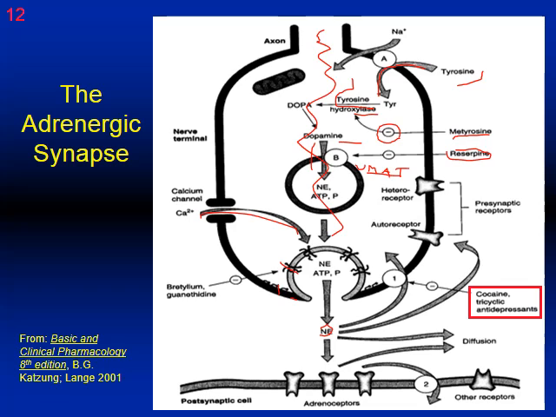So when alpha-2 gets stimulated, it's stimulated to inhibit. And what it inhibits is further release. So this acts as a feedback inhibitor. It says to the cell, stop releasing. It turns off the release of more.